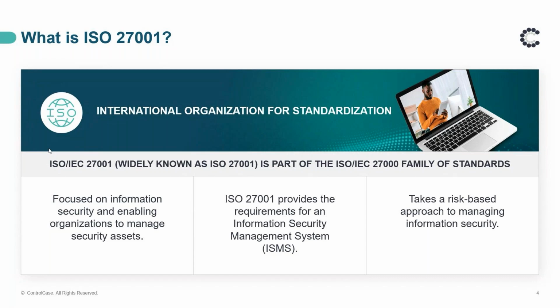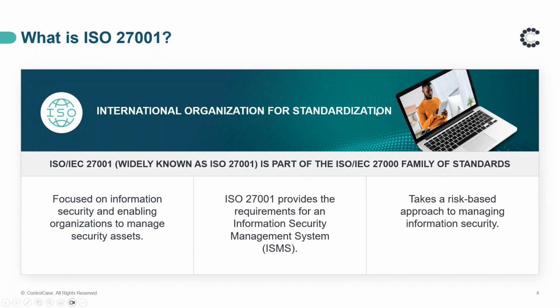A key takeaway from this slide, the three prime objectives of ISO 27001 would be to create and maintain an ISMS, an information security management system, have a very standard organized risk management approach to evaluate and mitigate your risks, and continual improvement of your ISMS, right?